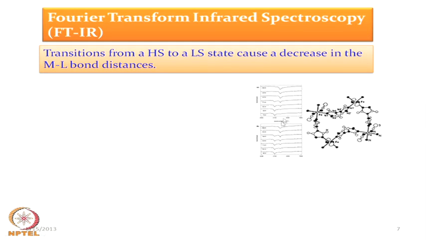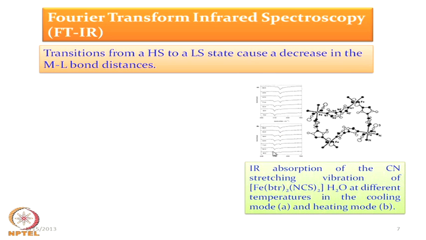So, that is the situation over here, and if we monitor the signal corresponding to the high spin and low spin compound, there will be a change from a high spin to a low spin situation. Here the cyanide groups are attached to this particular iron site, so CN can be monitored from the thiocyanate groups.